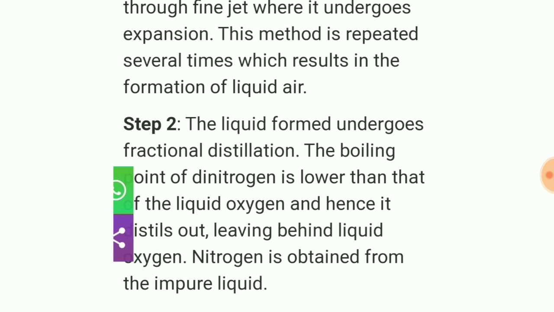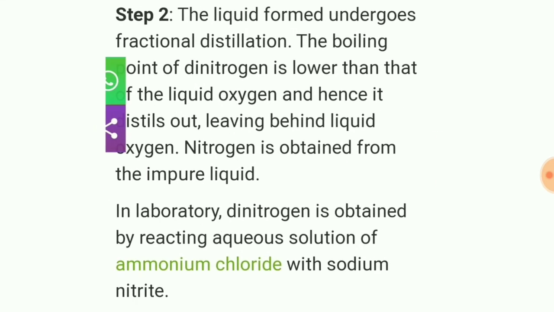In this way, nitrogen is obtained from the impure liquid.